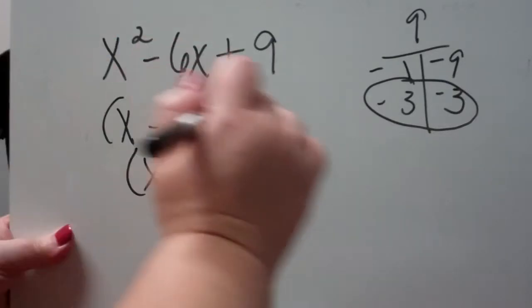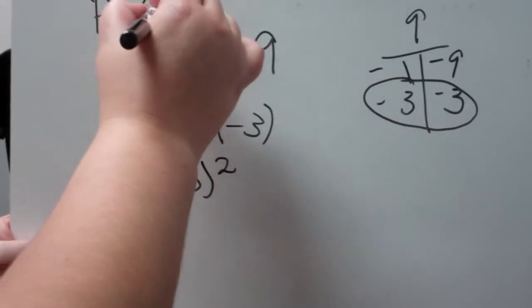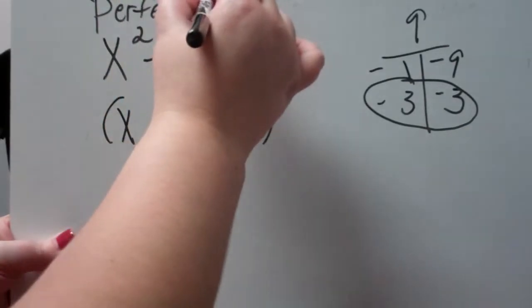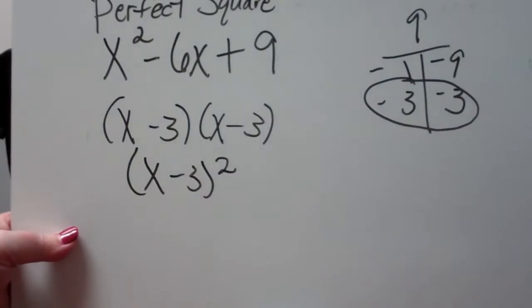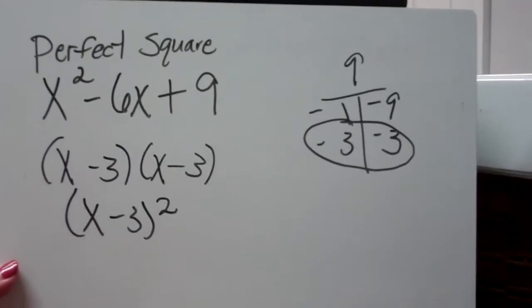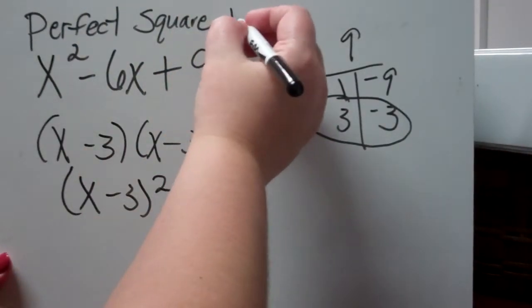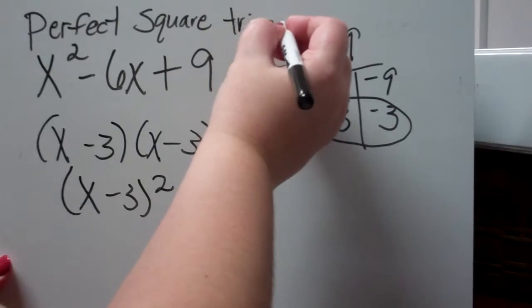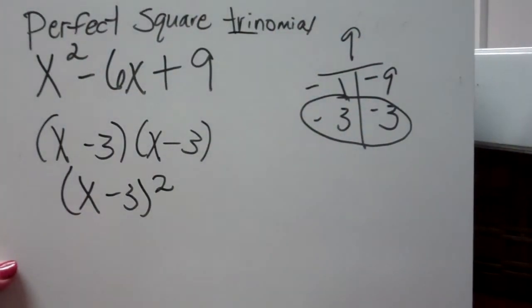This kind is called a perfect square trinomial. Remembering trinomial means 3 terms.